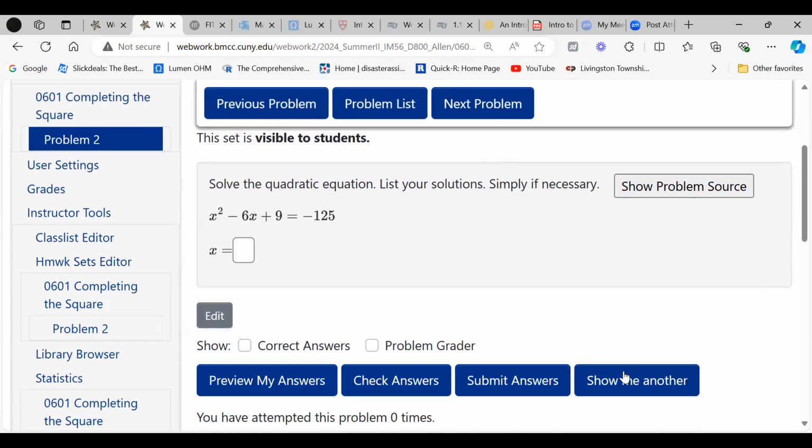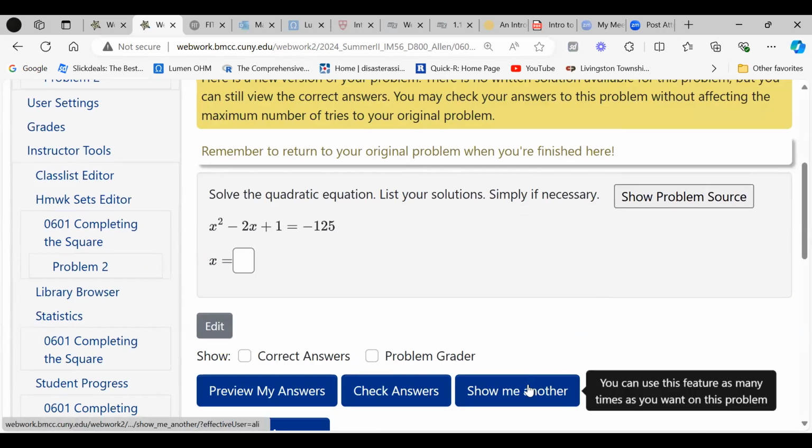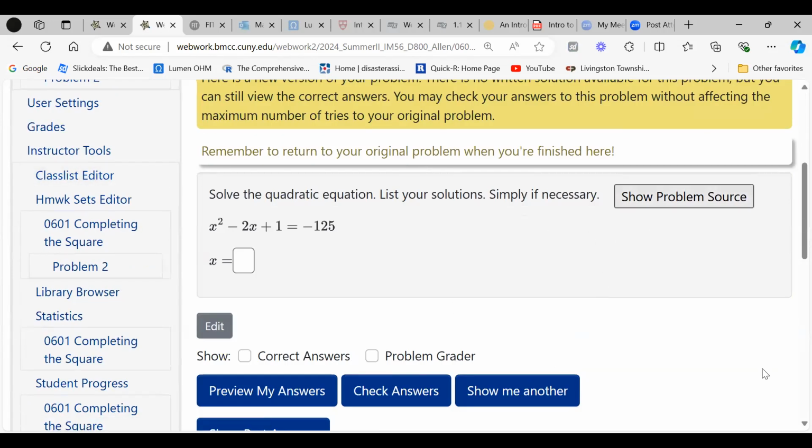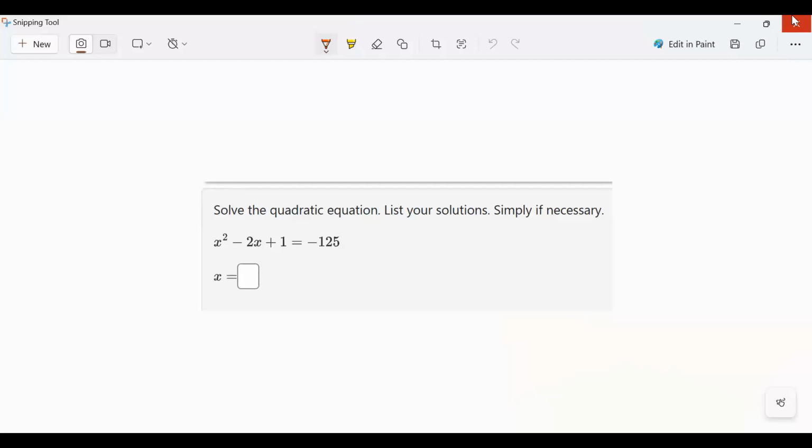And let's look at this one. What do you think? Any suggestion about this one? If you complete the square on the left, this one right here, adding 81, this is a perfect square.